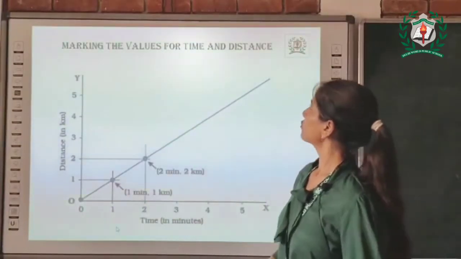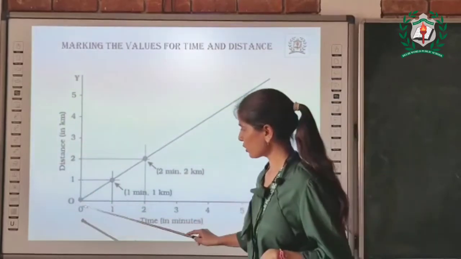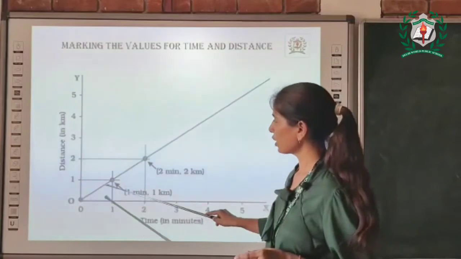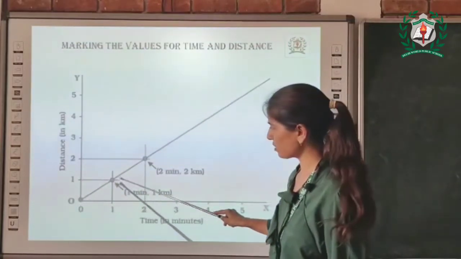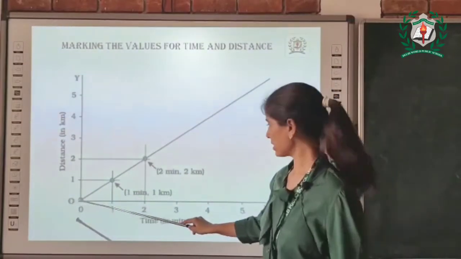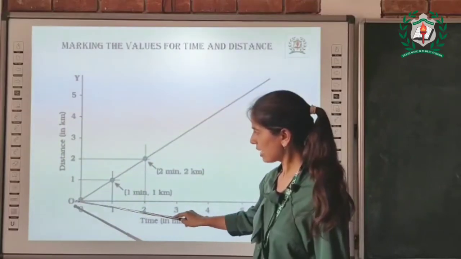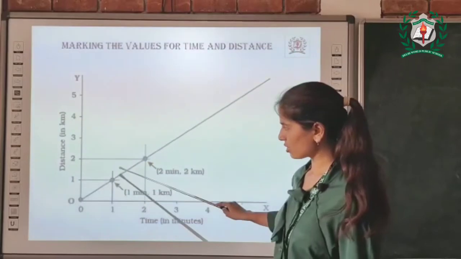And marking the values for time and distance. Suppose that we have a vehicle which is running at the speed of 1 kilometer, which covers the distance of 1 kilometer in 1 minute. As you can see, this vehicle starts from here and it is covering the distance in just 1 minute.